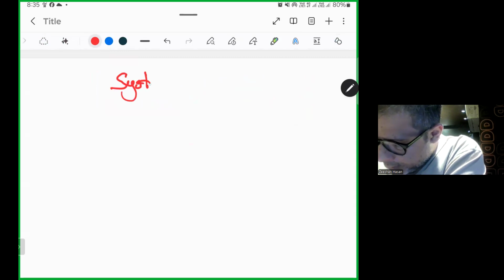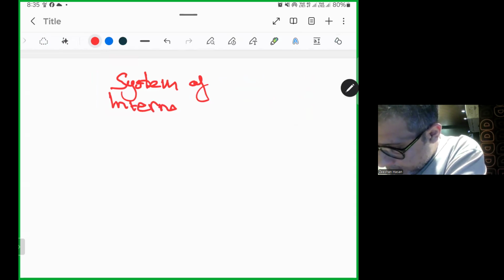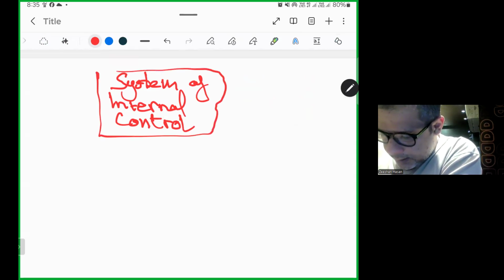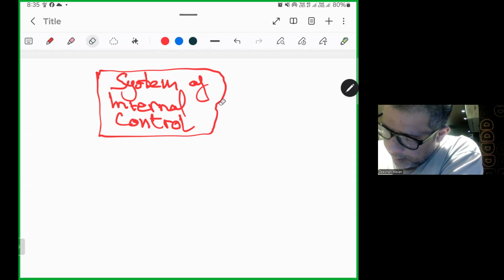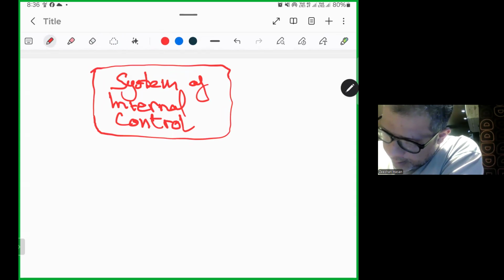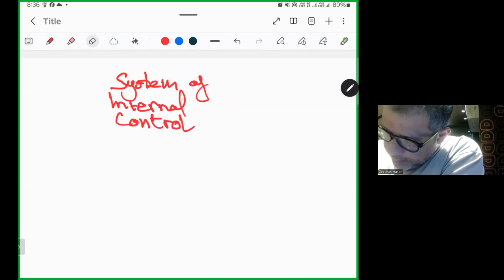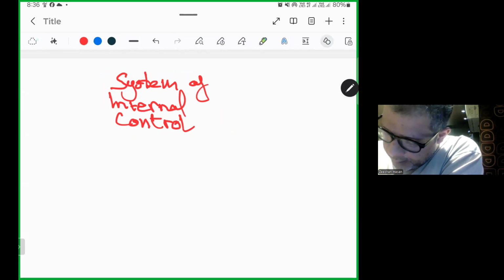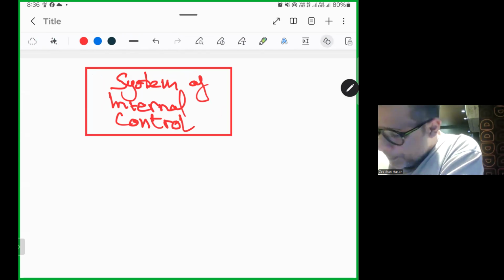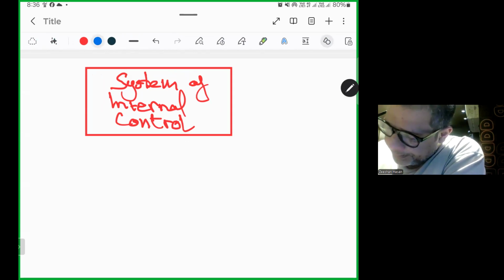System of internal control. Yes, that's better.